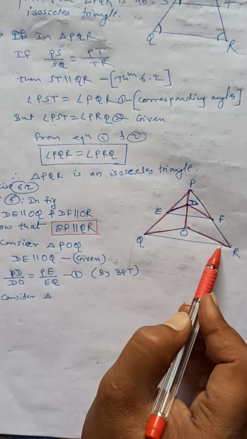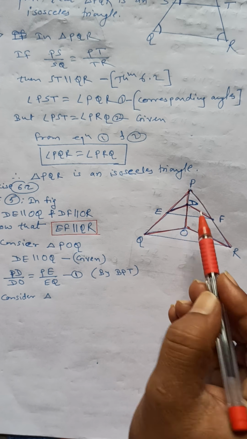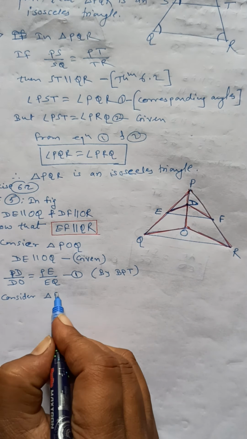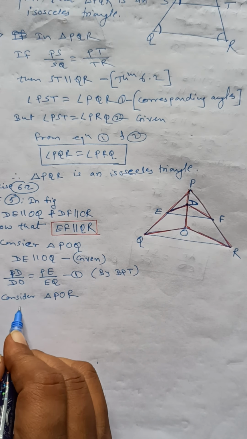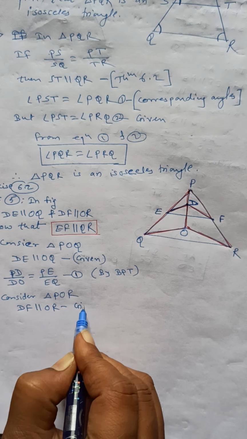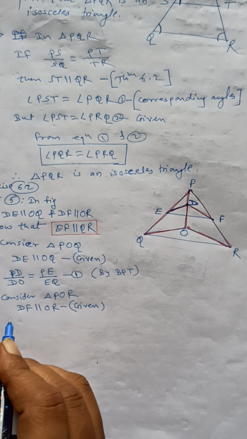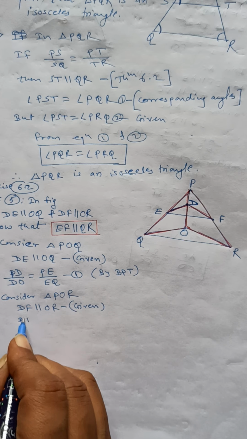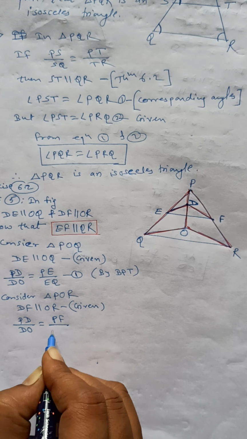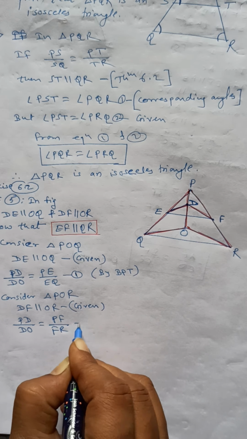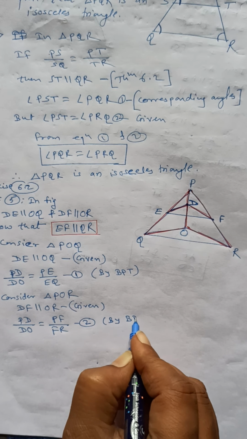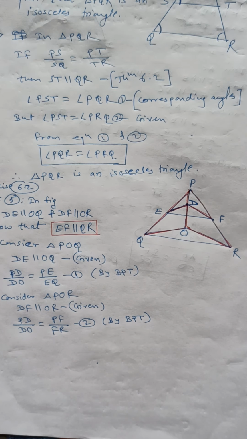If DF is parallel to OR, we can say that PD upon DO is equal to PF upon FR. This is equation number 2. And how do we obtain this? By the basic proportionality theorem, by BPT.